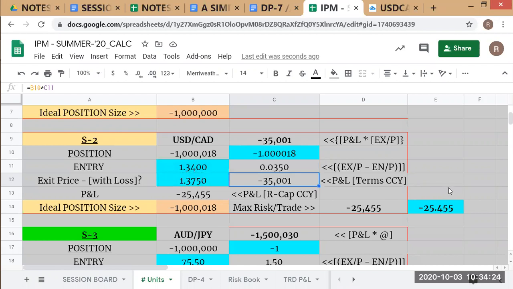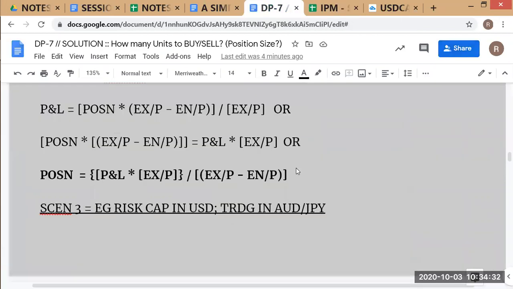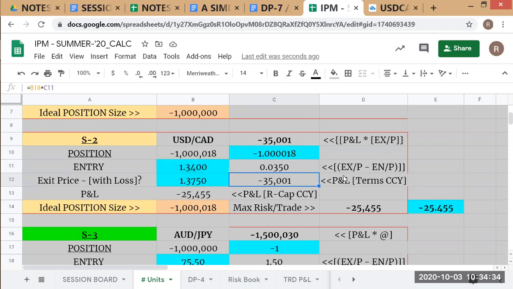So as you can see, this is exit minus entry. So eventually for position, you divide the two components. So this ideal position size is going to be this divided by this. You can maybe put this in bold.